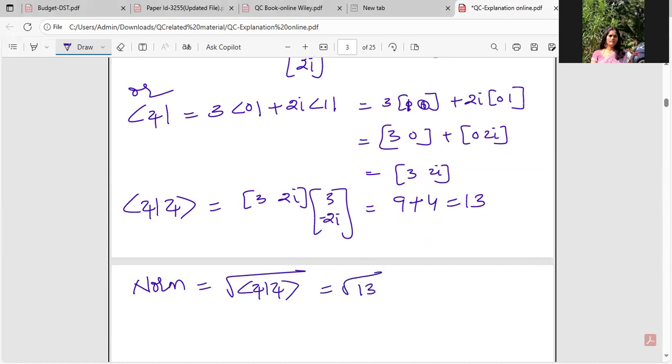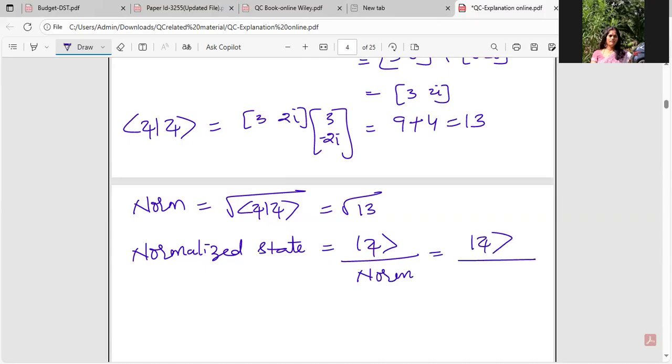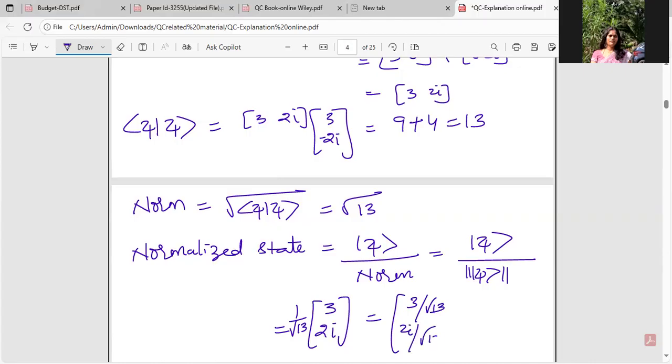So how do I normalize a vector? The normalized state or normalized vector is ket psi divided by its norm, ket psi by the norm of ket psi. Ket psi is (3, 2i), so dividing by its norm, 1 by root 13, it is 3 by root 13, 2i by root 13.